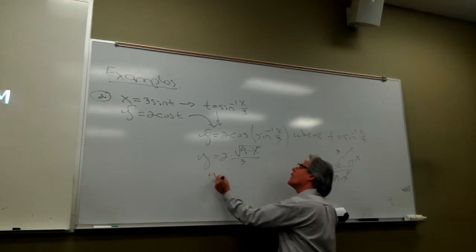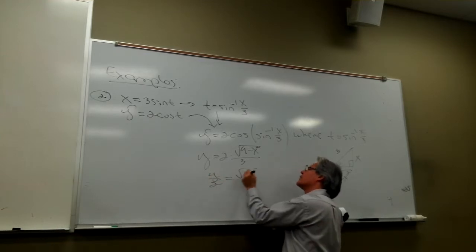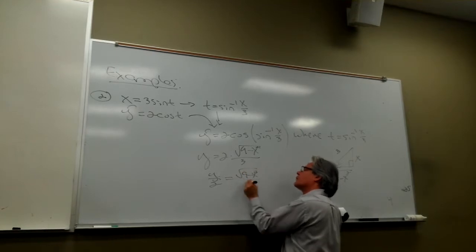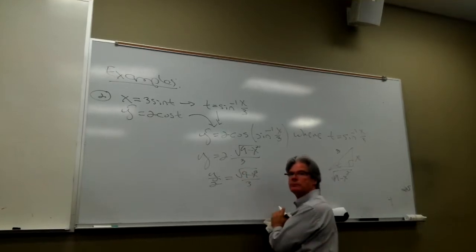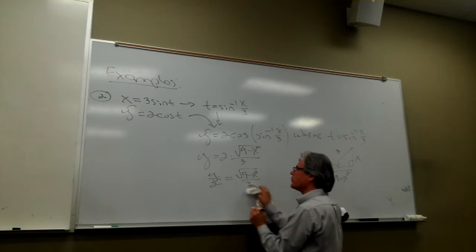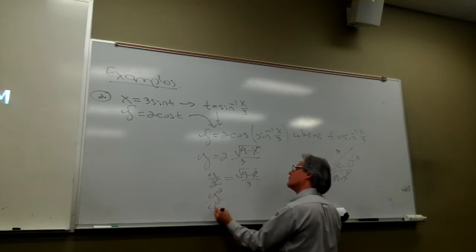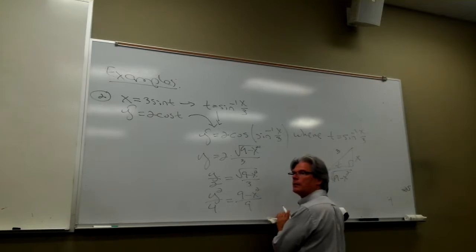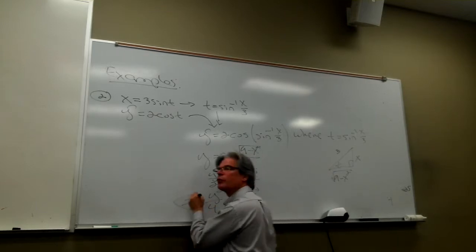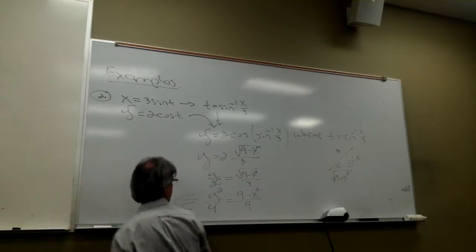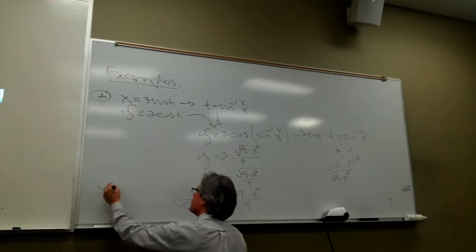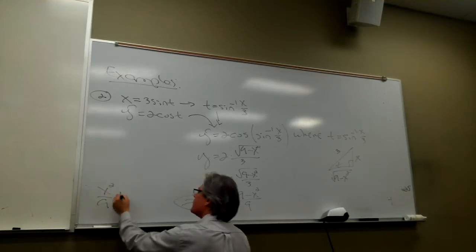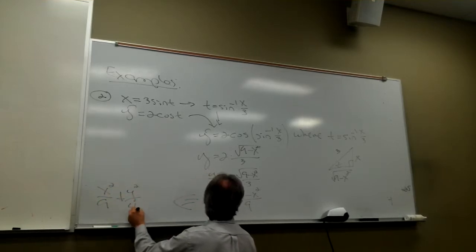Does that give me y over 2 being equal to root stuff over 3? And if I square both sides, don't I get this? But doesn't that give me this? I'm running out of room. I don't want to write on the wall. Does that give me x squared over 9 plus y squared over 4 being equal to 1?